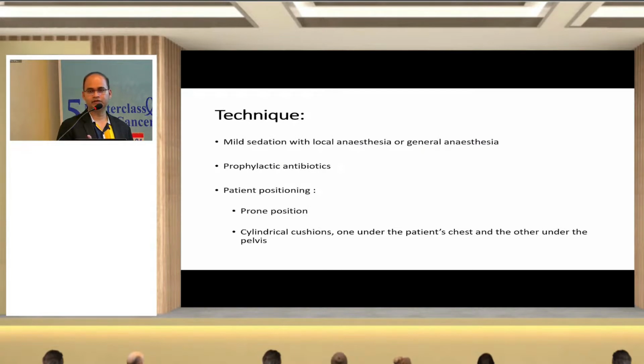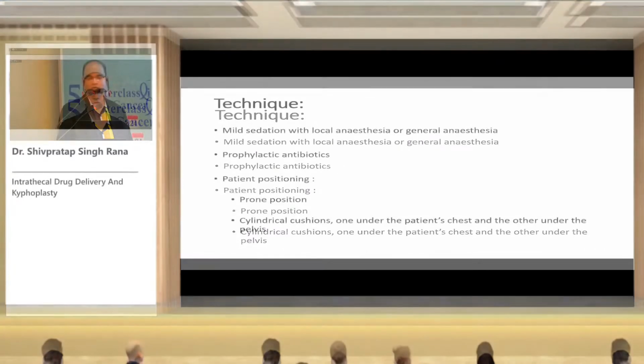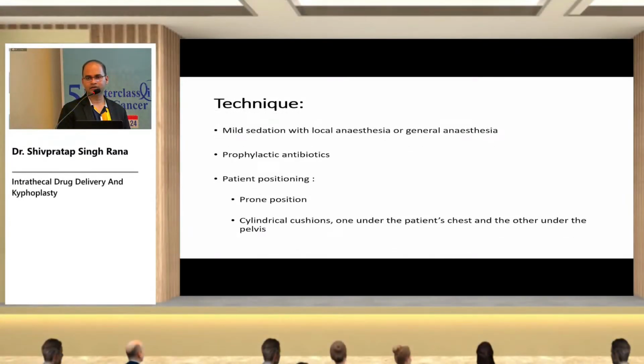I do this procedure under very mild sedation. Usually we give 1 gram of paracetamol or maybe 6 milligrams of morphine. But in my practice, I don't perform it under anesthesia or even with midazolam, because the patient's coordination with the operating physician is very important. The position is prone. We usually place either a pillow or bolsters over the patient's chest and then the lumbar region, so as to reduce the lordosis.